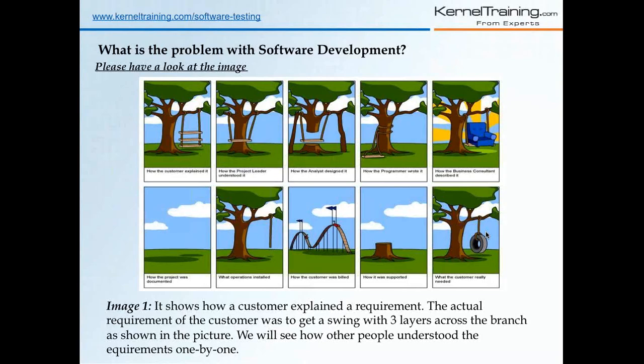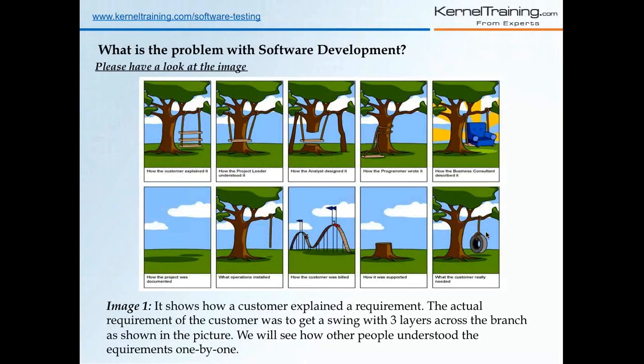When that project leader, the person who interacted with the customer, comes back and explains it to the analyst who is designing the application based on the requirement, he designed it that way. He cut the tree and put the swing in the middle.